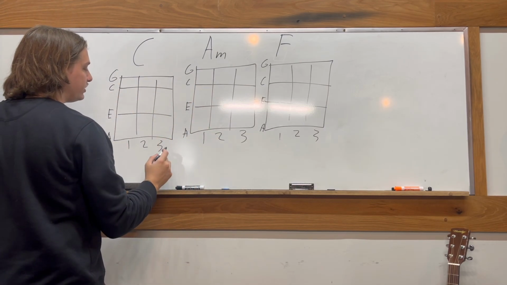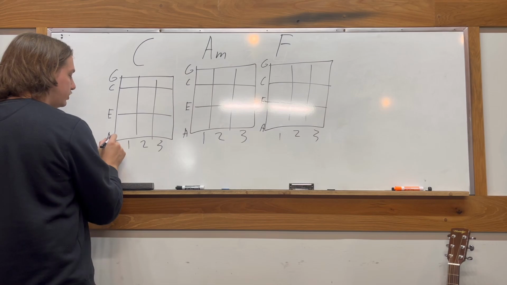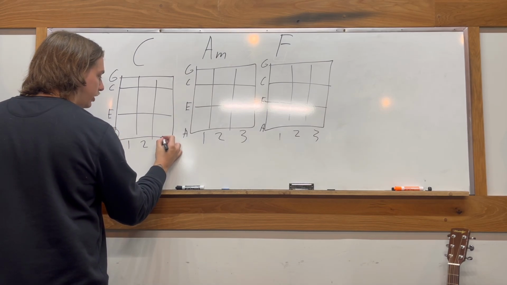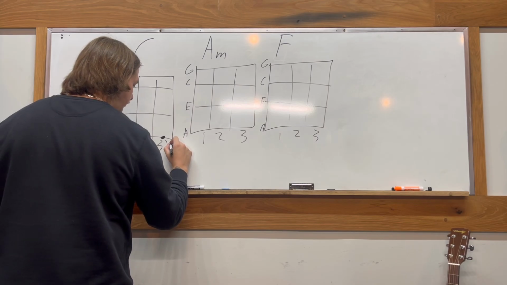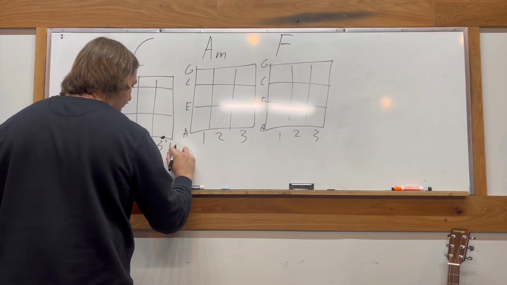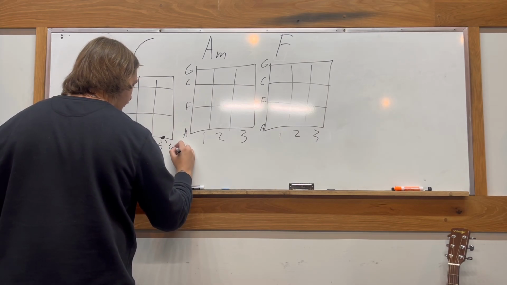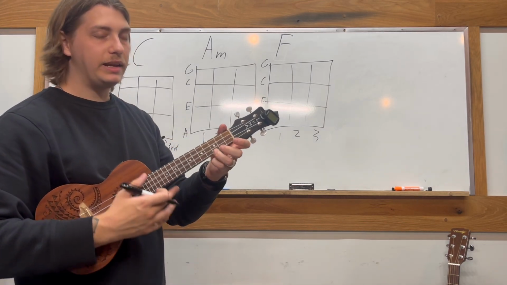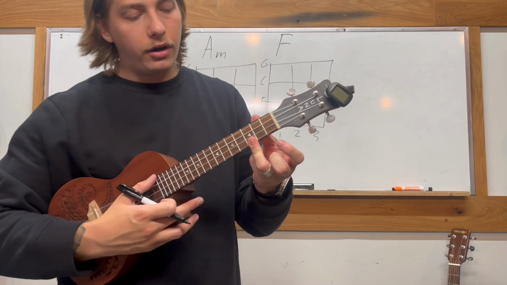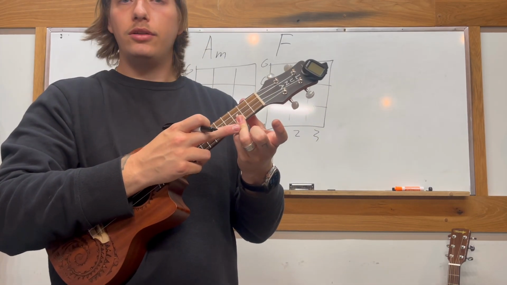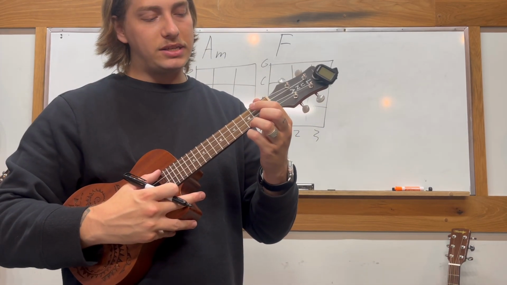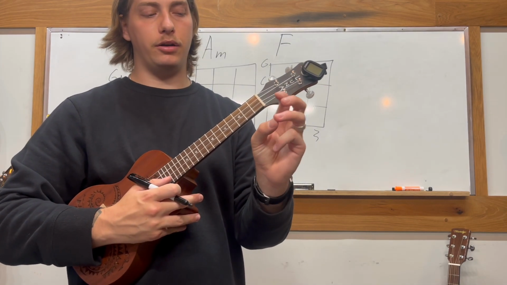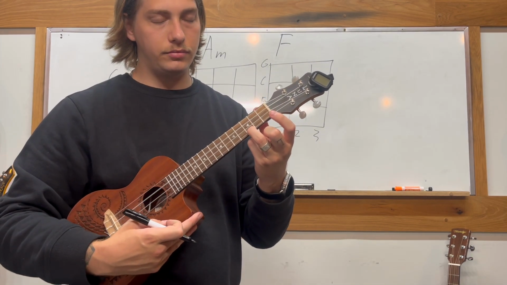What we're going to do for the C chord is it's on the bottom string, so the A string, and we're putting our 3rd finger here. Okay, our 3rd finger is pressing down like this. Now, are we pressing down with this part of our finger? Should your finger do this? No, okay? Instead, it should be like this, okay? Just the tip of your finger, pressing down right here, okay?